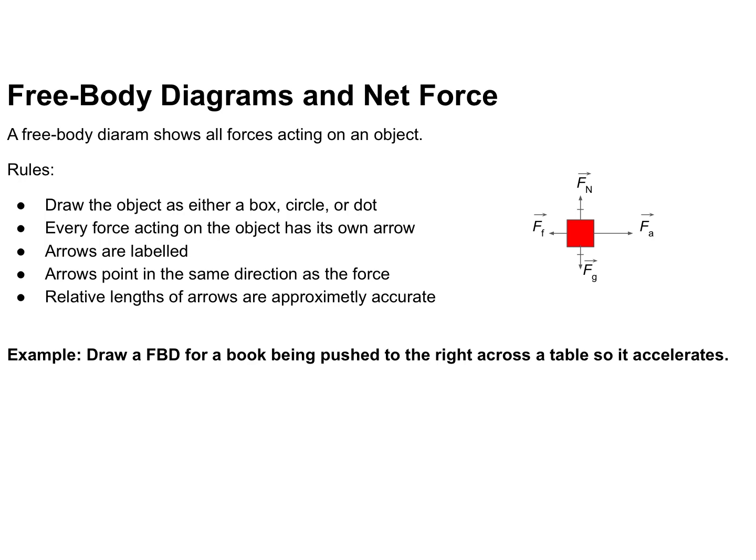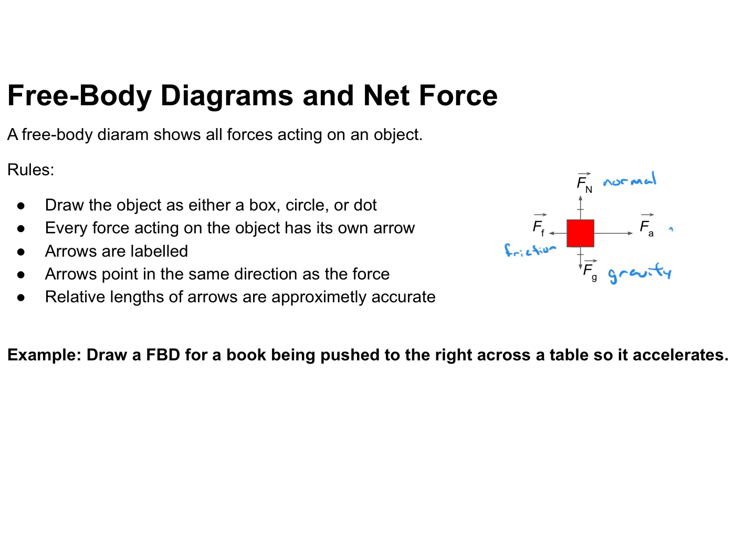Furthermore, every force needs to be labeled, and I have decided on a certain set of subscripts for specific forces. For the force of gravity, I'd like you to use a subscript of G, as shown in this example on the right. For the normal force, I'd like you to use a subscript of N. For friction, a subscript of lowercase f.